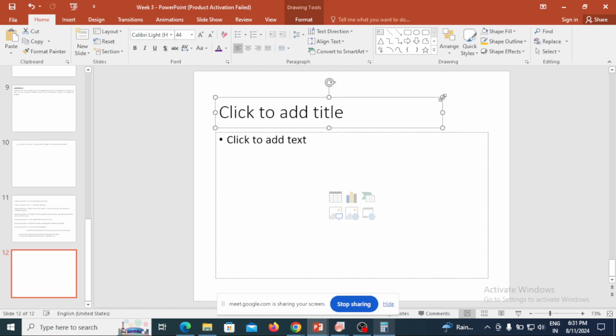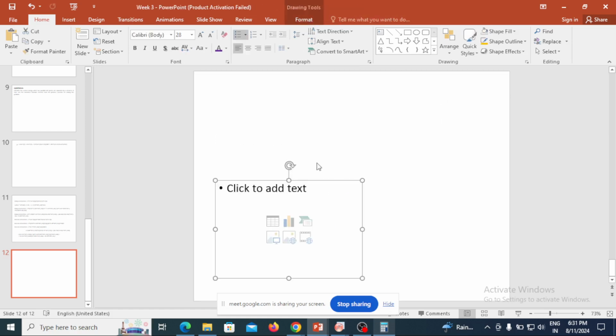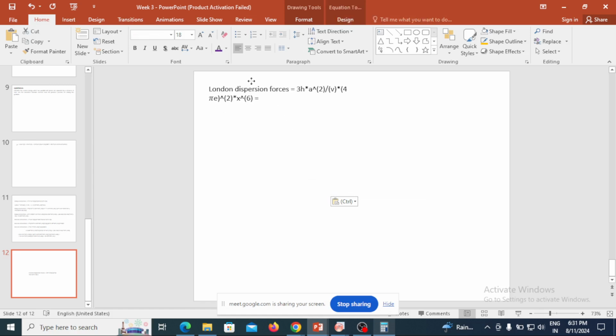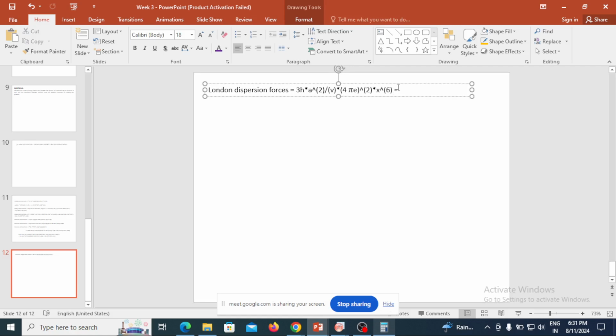So for the London dispersion forces, so 3 times h is 6.636 times 10 to the power minus 34 times.